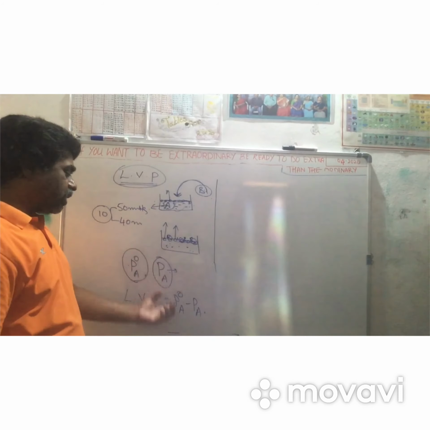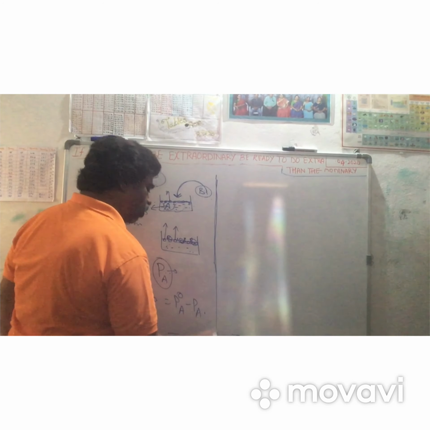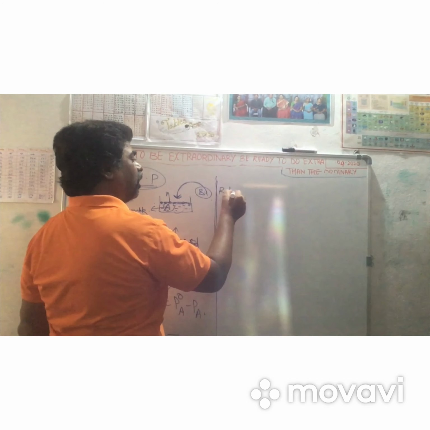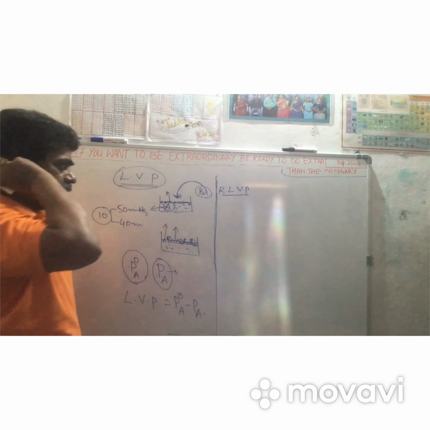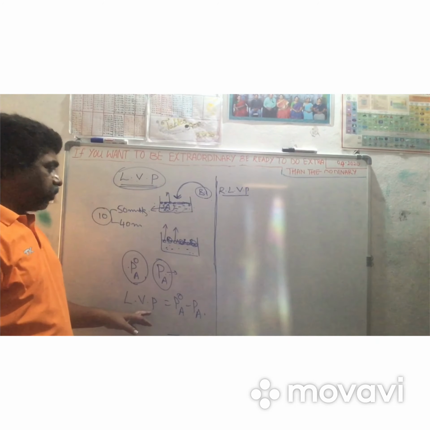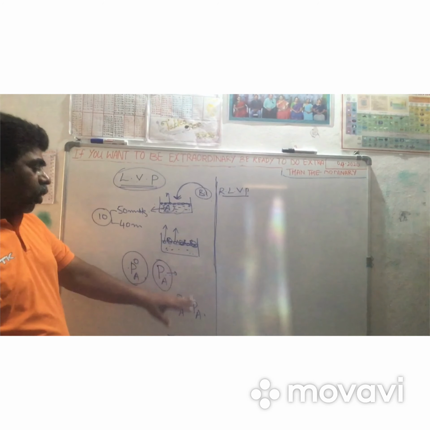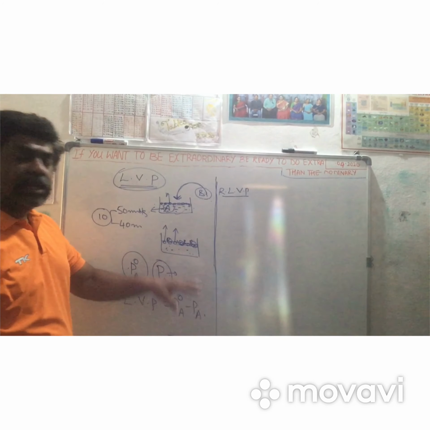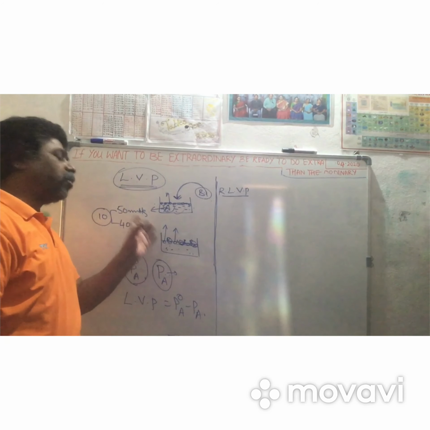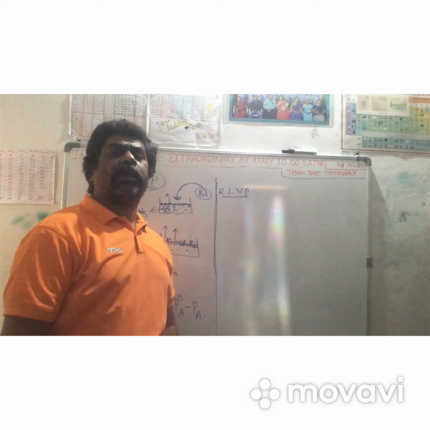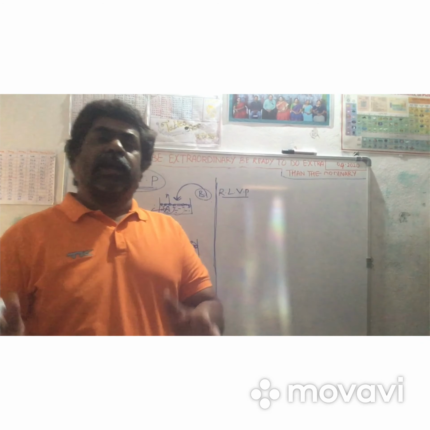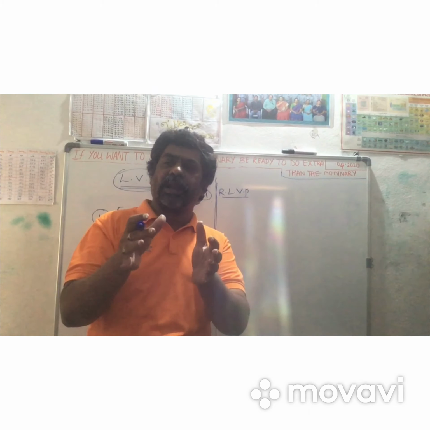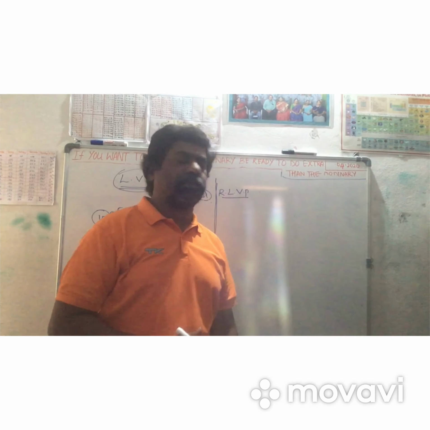Next, you have to know the relative lowering of vapor pressure. The ratio between the lowering of vapor pressure and the initial vapor pressure, meaning the vapor pressure of the pure solvent, is called relative lowering of vapor pressure. Relatively means relative to the initial vapor pressure, how much the vapor pressure is decreased.